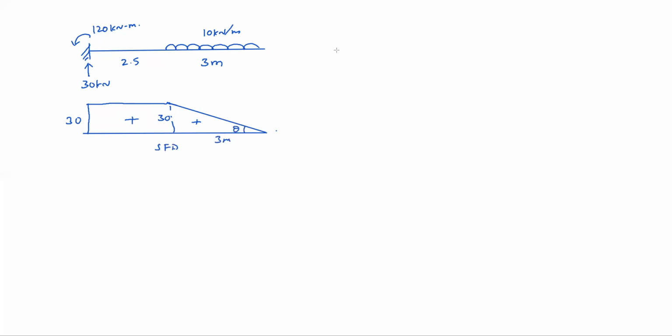Suppose let us have a uniformly varying load like this. Suppose here the intensity is 9 kilonewton per meter, this is 3 meter, this is 4 meter. So the reaction here is 9 into 3, 27, half, because on one side it is 0 and on the other side 9, so the average is 4.5 only.